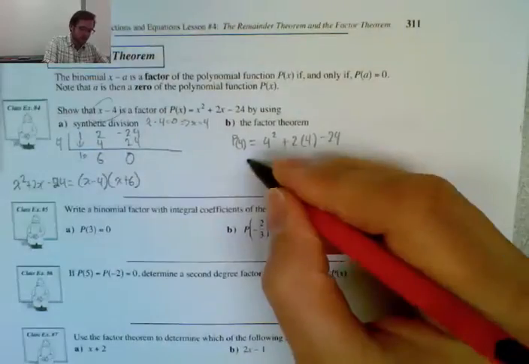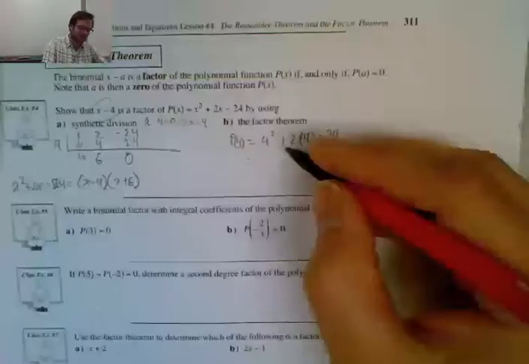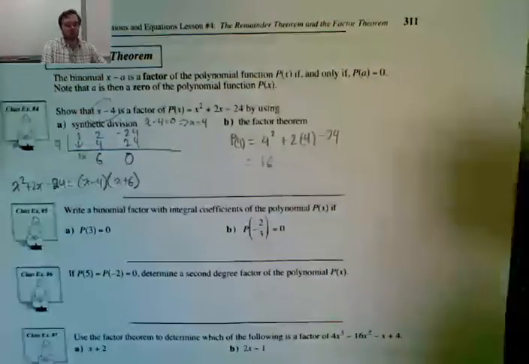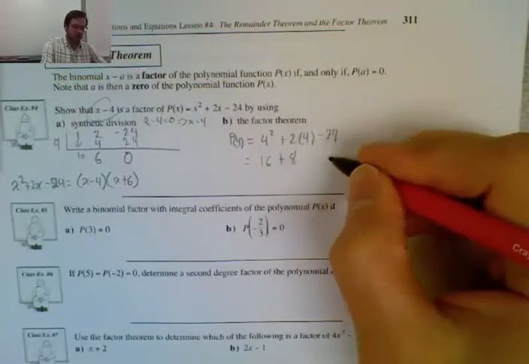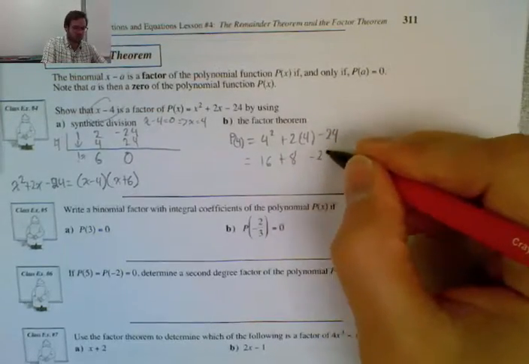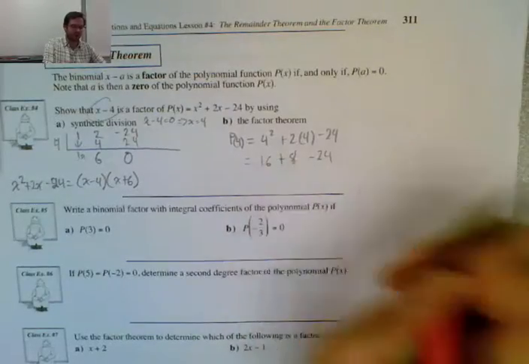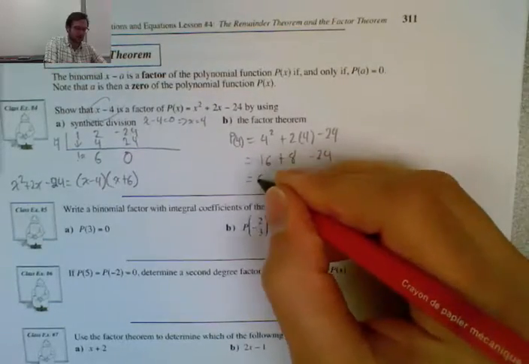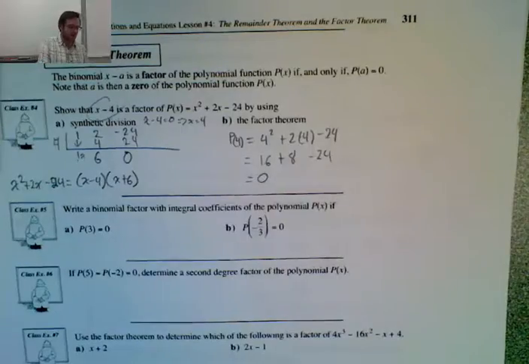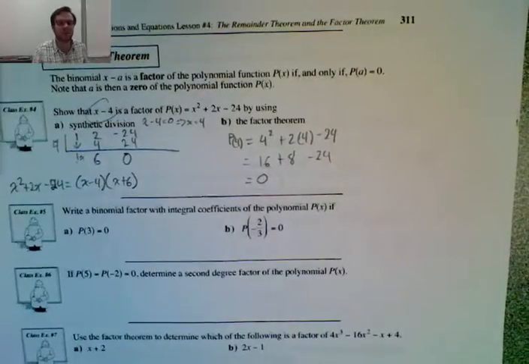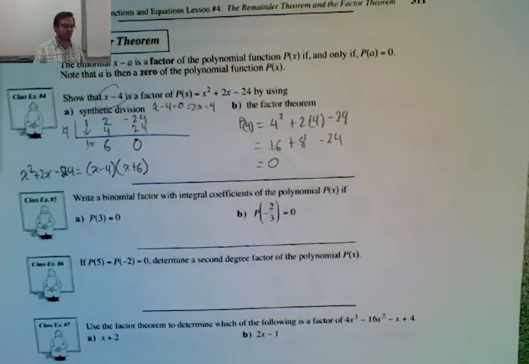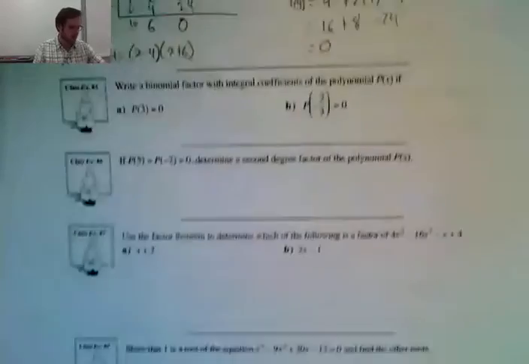All right, now 4 squared is the same as 16, and then we're going to plus 2 times 4, which is equal to 8, and we want to subtract 24. See what happens. 16 plus 8 is 24, subtract 24 is 0. So the factor theorem, when we do this, it's equal to 0. Kind of like what we said. Okay? So, here we go.